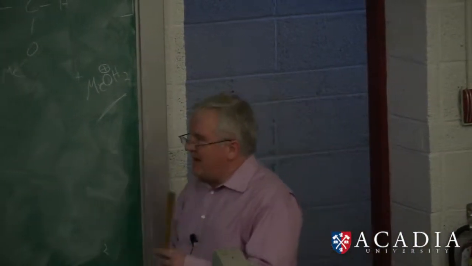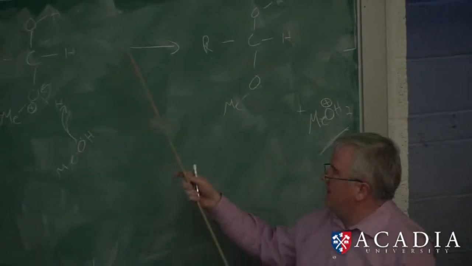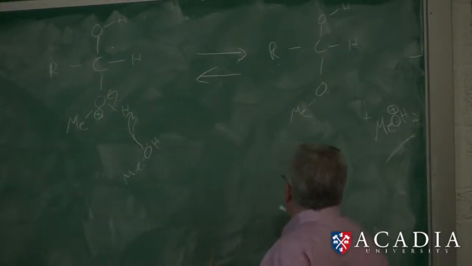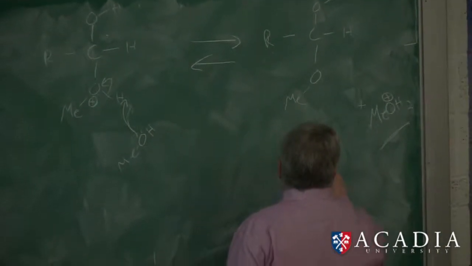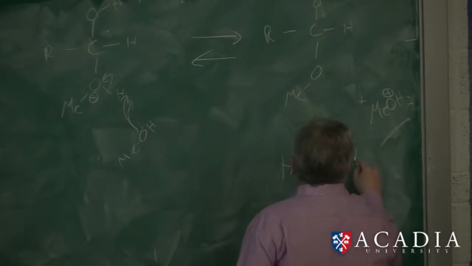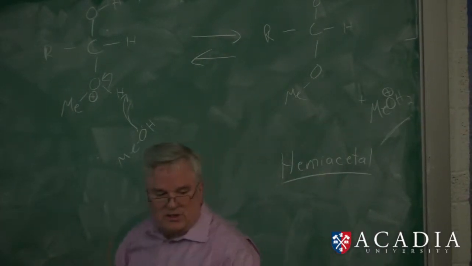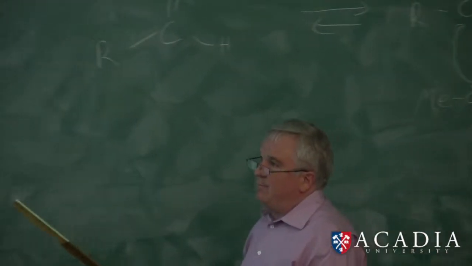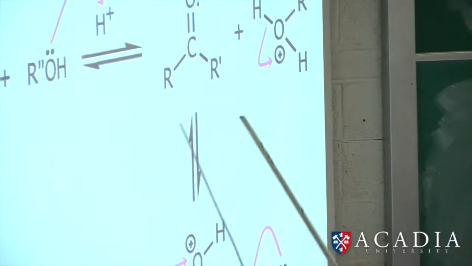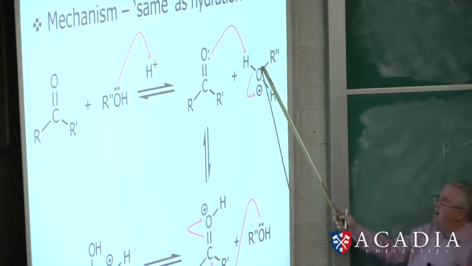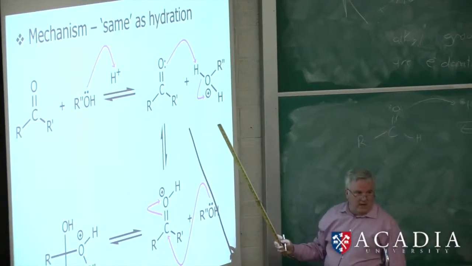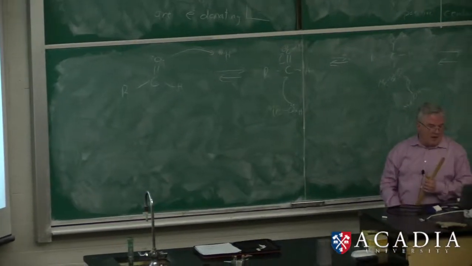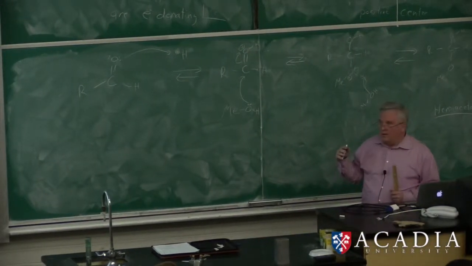Instead of showing that actively, you may say minus H plus above that arrow. So this thing is our hemiacetal. Your slides are trying to convey that by showing this first step. They're just protonating the alcohol, and then the alcohol is the proton carrier that's protonating the carbonyl oxygen, which is activating that compound.